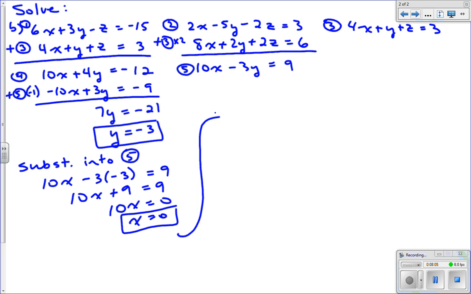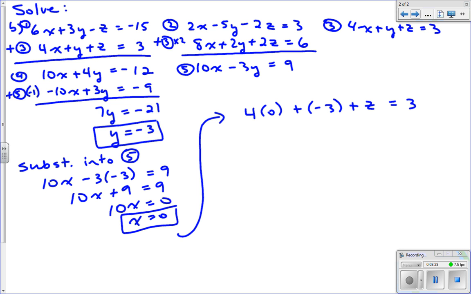So now I have y and x calculated. I can substitute those two values into either one of the original three equations and solve for z. So I think I'll use equation 3 for that. So I've got 4 times 0 plus y, which is negative 3, plus z equals 3.